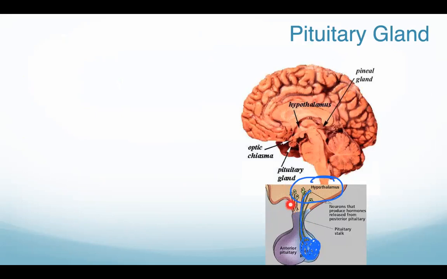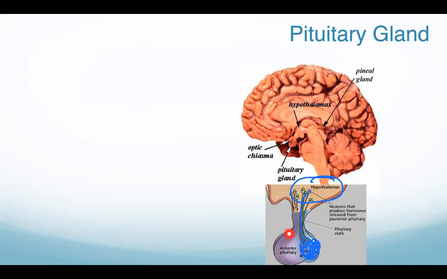The anterior pituitary, you see that they stop at the border of the anterior pituitary. So they don't extend all the way down into it, which means that the hypothalamus is going to make hormones that are going to travel to the anterior pituitary to tell the anterior pituitary which hormones to release.